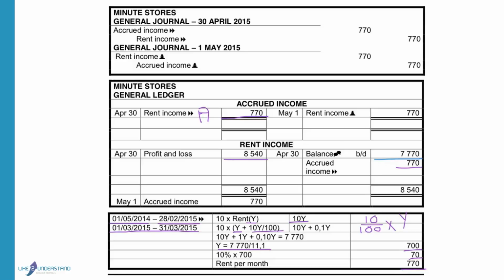So the whole purpose of the adjustment is to increase the rent income amount to the total amount that we were supposed to get for the current financial year, and that will be shown in the profit and loss account as income for the year.